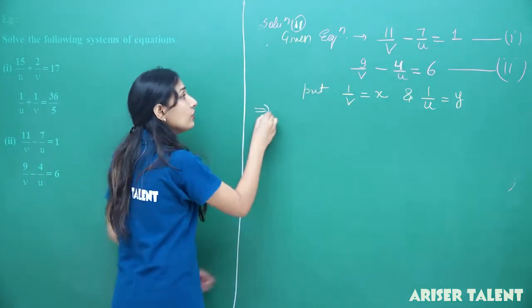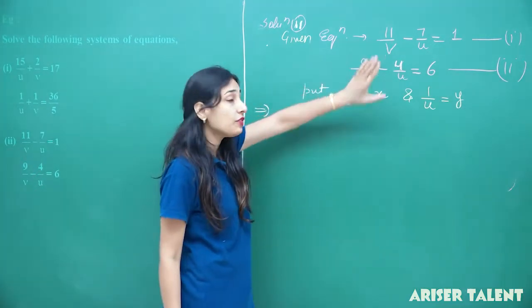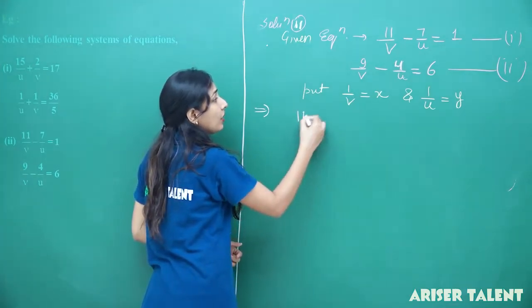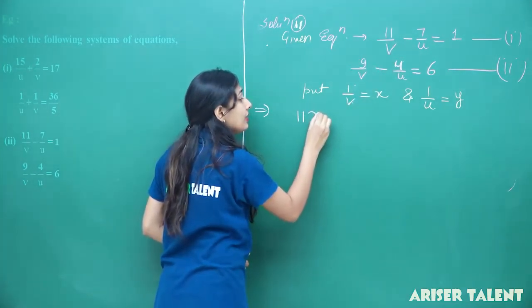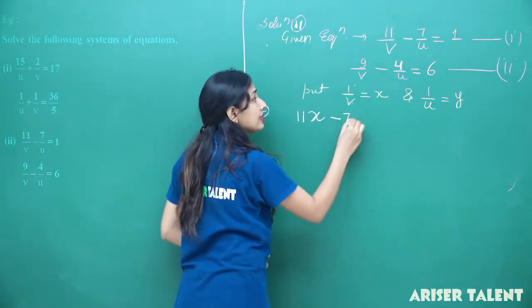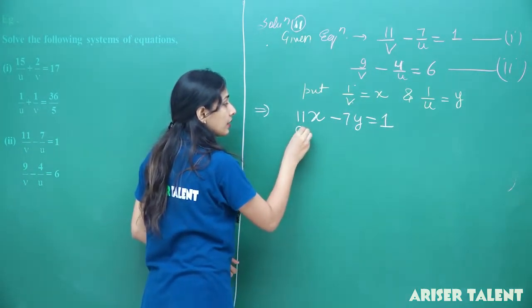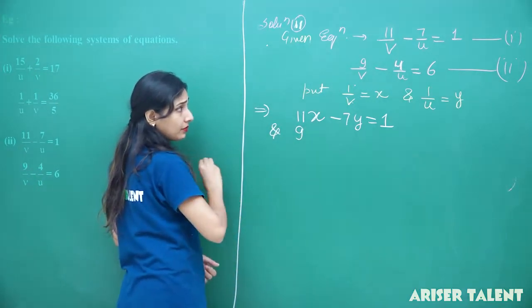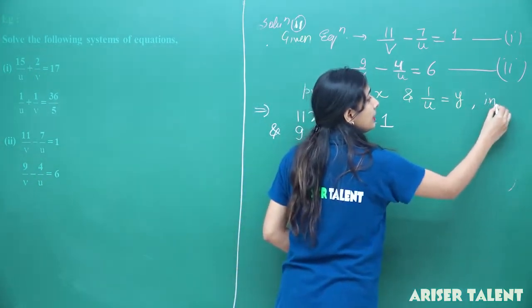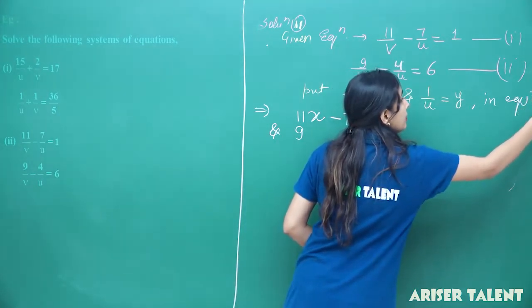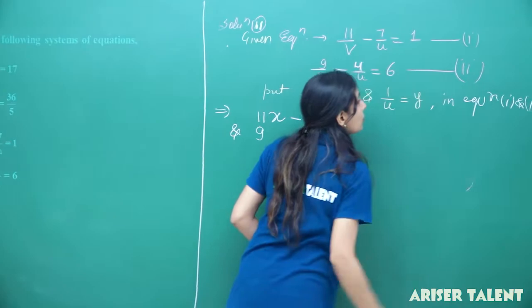Implies that now these two equations will convert into other equations. 11X minus 7Y equals to 1 in equation 1 and 9X minus 4Y equals to 6 in equation 2.